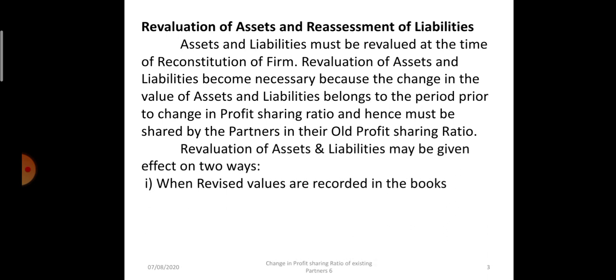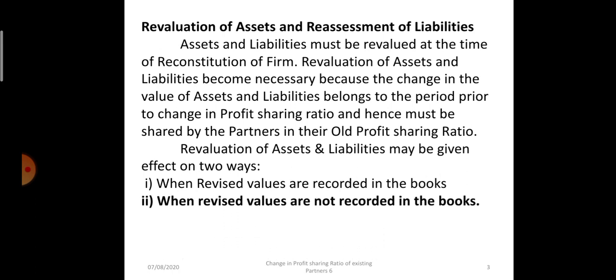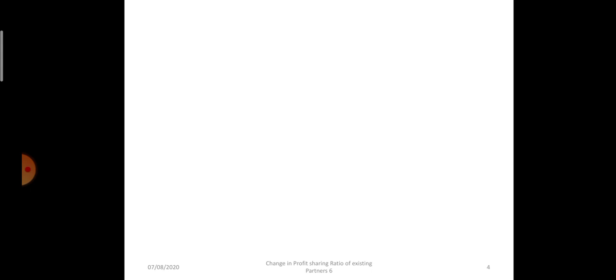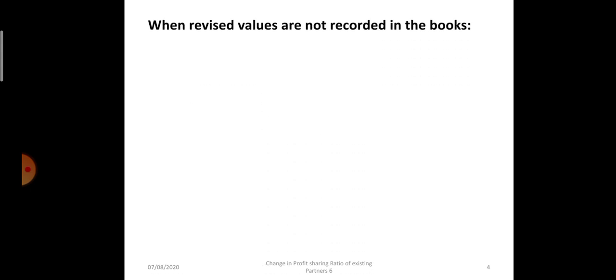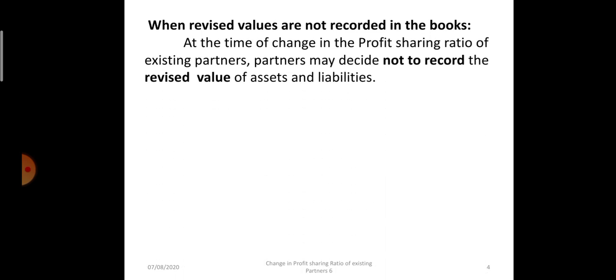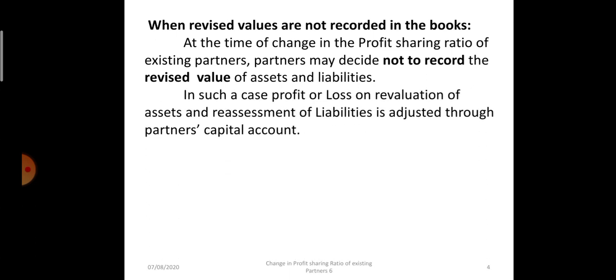And it can be given effect in two ways. First, when revised values of assets and liabilities are recorded in the books, which we have already discussed in the previous video, and second, when revised values are not recorded in the books. When revised values are not recorded in the books, we will pass an adjustment entry with the help of partners' capital account.